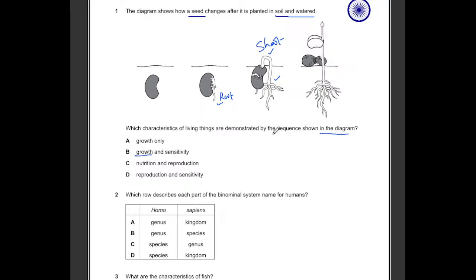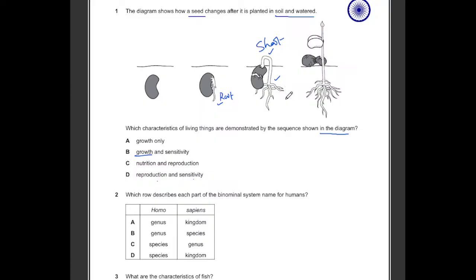What else? Growth is the only factor here which is happening, or anything else? See, nutrition and reproduction are not happening, right? Reproduction is not there, so we can mention sensitivity as one of the things. Why sensitivity? As you can observe here, the outer covering of the seed is breaking.